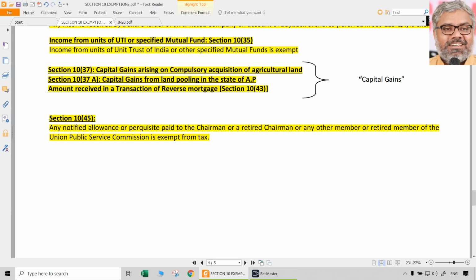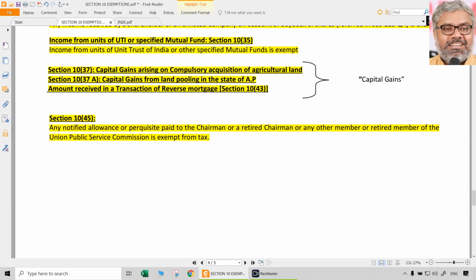So UPSC is that premier body for selecting executive personnel in India. So the members of them, chairman of them, retired members and retired chairmen also. Their allowances, and not everything, by the way, salaries and all not exempt. Notified allowances or perquisites to them shall be exempt.